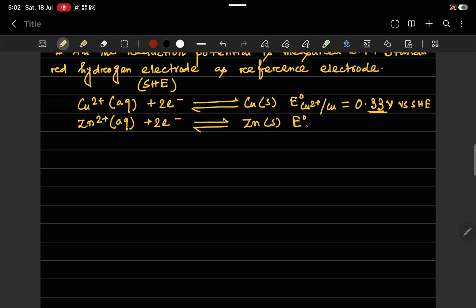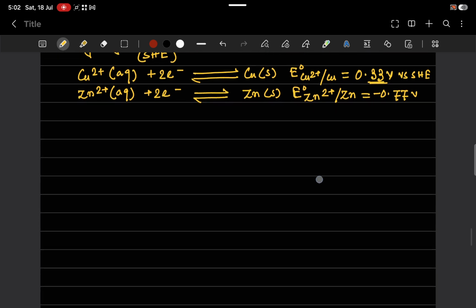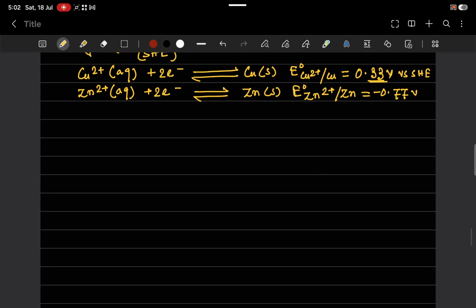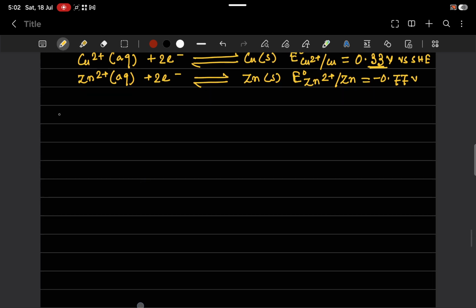Here E0 zinc 2 plus/zinc is equal to minus 0.77 volt.